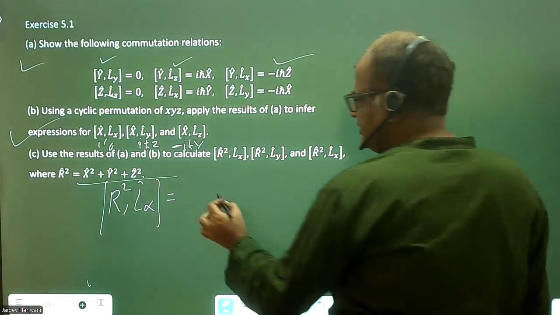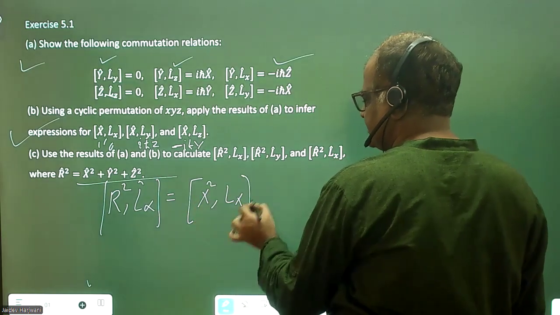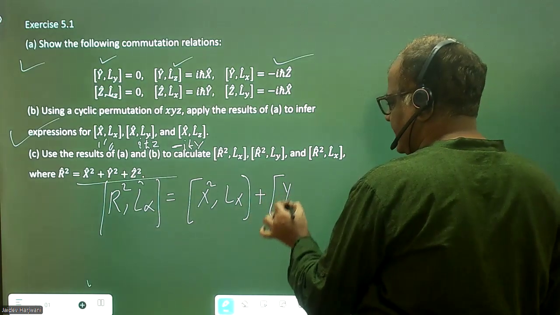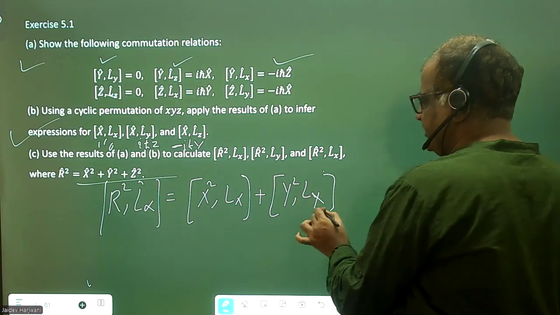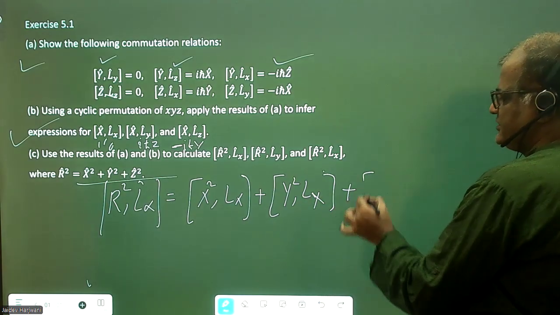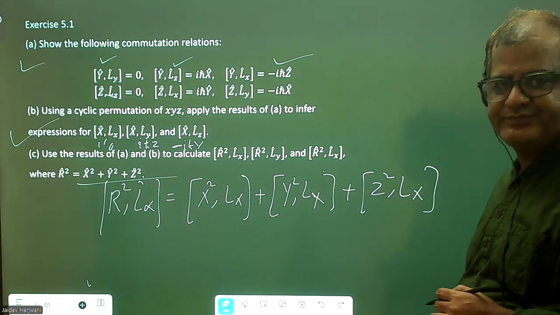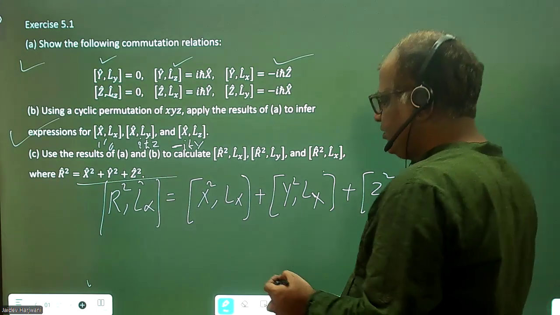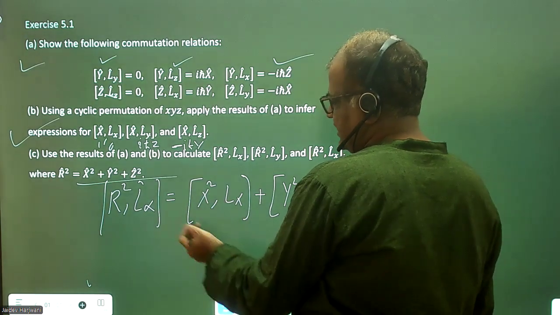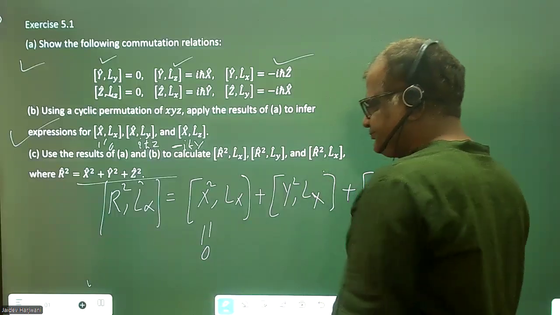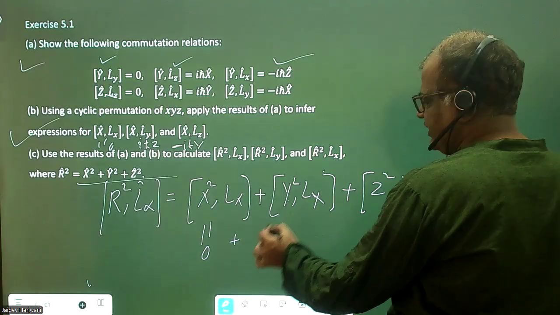So this can be written as x square, Lx plus y square, Lx, plus z square, Lx. We are doing it for Lx only. Now this we have already proved: x, Lx is 0, so x square, Lx will also be 0. And now y square, Lx, how can we write it?